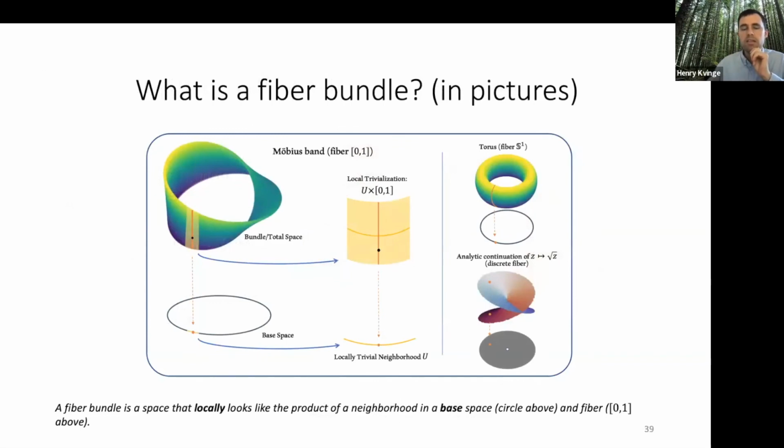So of course, this made us think of fiber bundles, where the underlying idea is that locally these things are homeomorphic to some product space of a neighborhood of your base space and some fiber, which is constant around the whole space, but maybe you can't globally find such a homeomorphism.